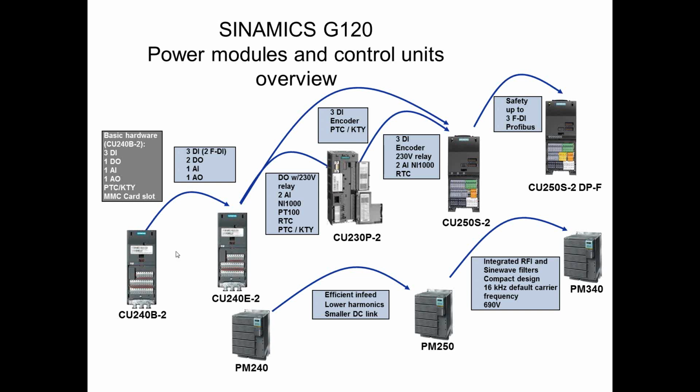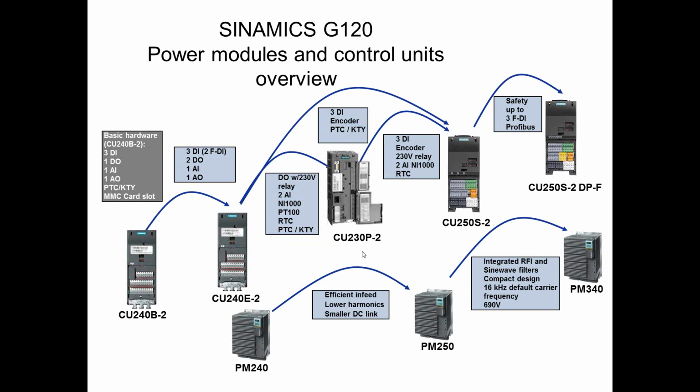Does most of the functionality of its bigger brothers and sisters, but limited on the I/O capability. For just a little bit more in cost, you can jump up to the CU240E-2, and it has a much wider range of I/O added to it. Gives you a lot more functionality from that standpoint.